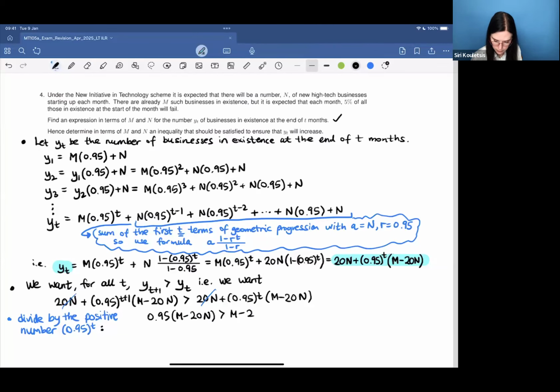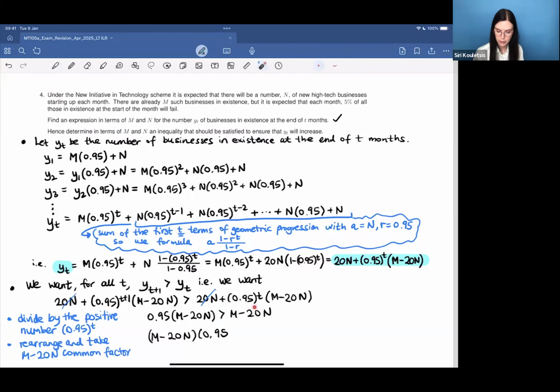And now we see that we can take m minus 20n common factor and rearrange. And then we are almost there. So we have m minus 20n times 0.95.